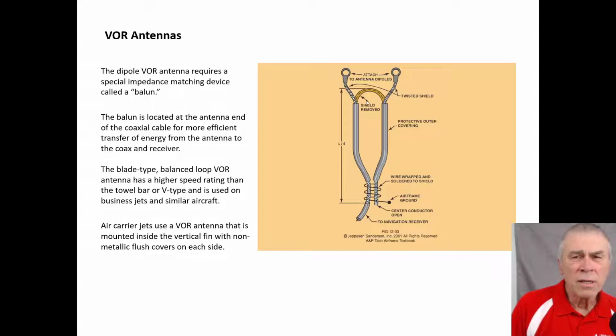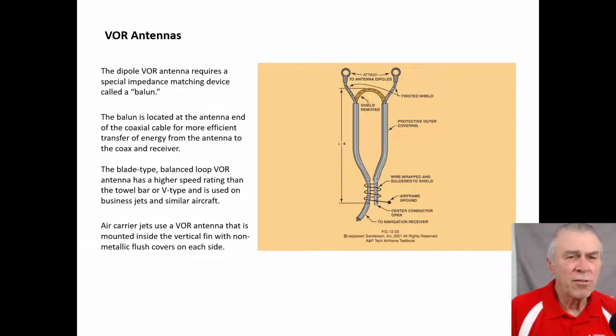A little look at the guts of a VOR antenna. It may contain a device called a balun, and this is an illustration of what that would be. It's located at the antenna end of the coax cable for more efficient transfer of energy from the antenna to the coax and receiver.